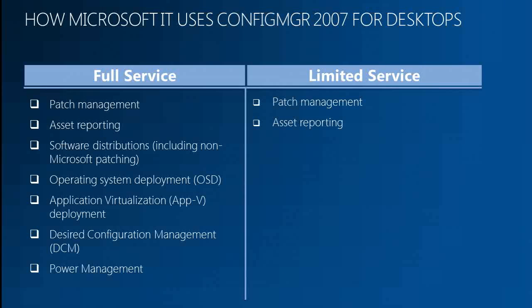One of the things we usually set is the level of features we are using in Configuration Manager. We have categorized feature usage into two categories. One we refer to internally as full service, where all desktops receive all the services on the left-hand side: patch management, software distribution, asset management, and so on. Over time, we developed a service called limited services.